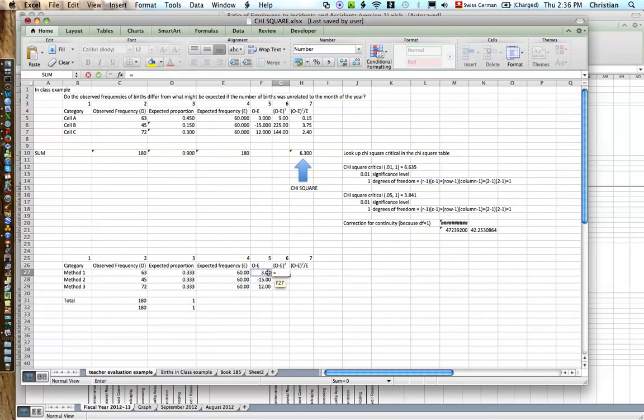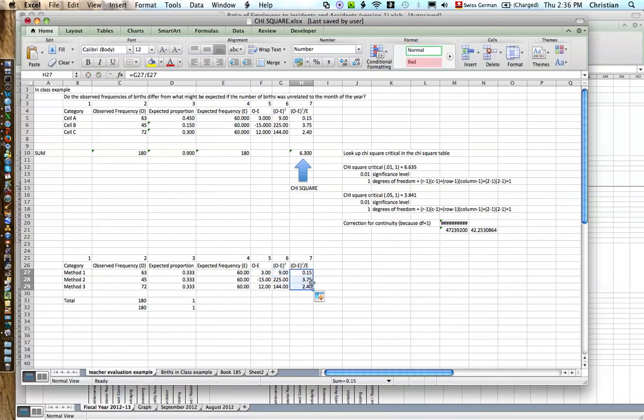So now we square the difference, right? So we have no negatives, and the bigger differences are exaggerated a bit more, right? 3 becomes just a 9, and 15 becomes 225. And then we set the difference in relationship to the expected value, right?